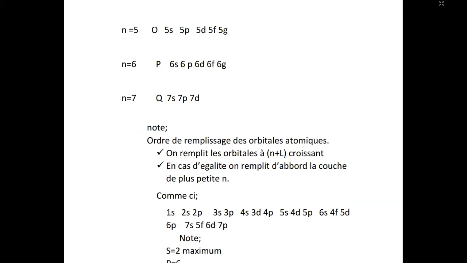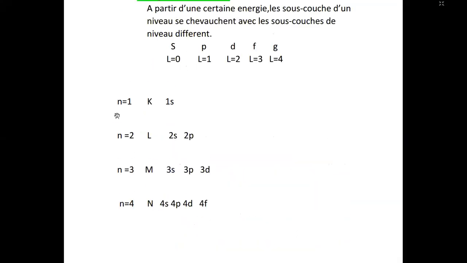For example, 1 plus 0 is 1s, then 2 plus 0 is 2s, so I first fill 1s, then 2s, which is less than 3. Then 2 plus 1 is 3, but n for this shell is equal to 2 and n for the other shell is equal to 3. So I'll first fill the shell where n is equal to 2, since 2 is less than 3. So I fill 2p first, since this energy level is lower than the other.